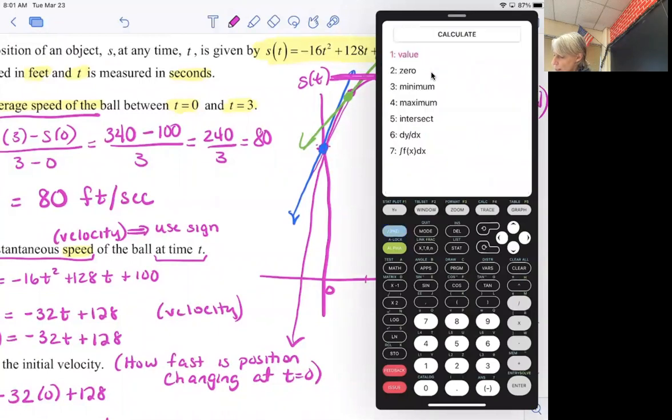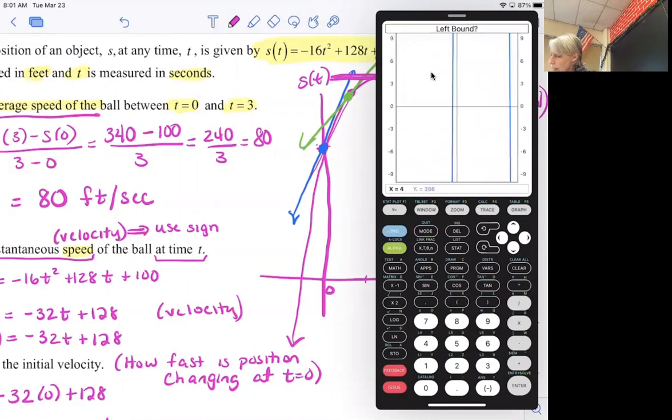So we're going to second trace 0. And we want to move closer to the 0. So we just got to move our cursor down. There we go. Enter. I'm going to get a right bound.